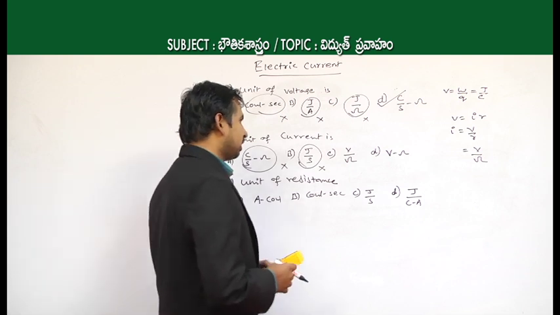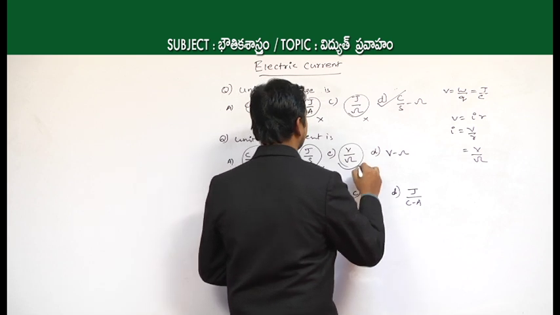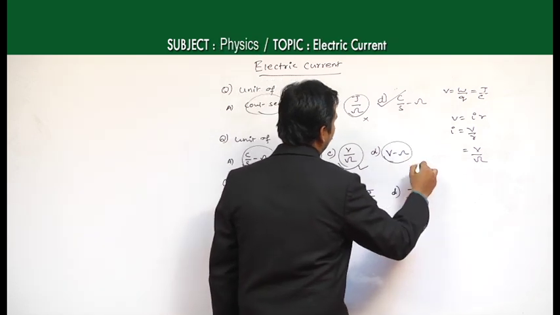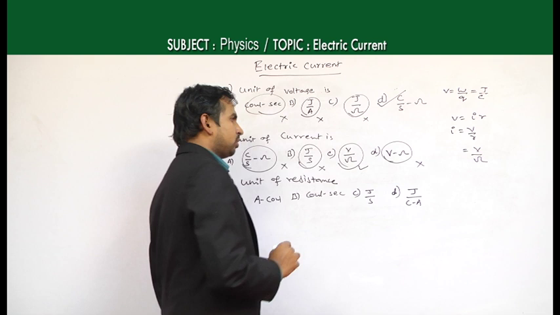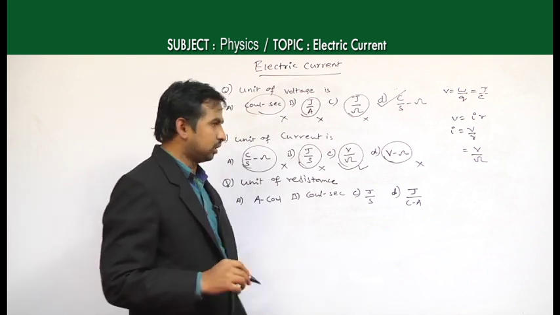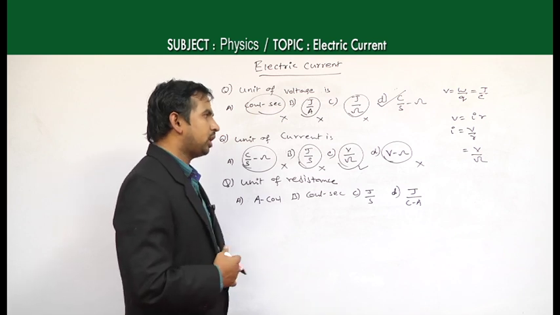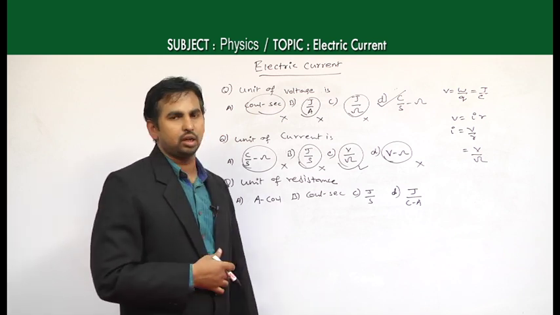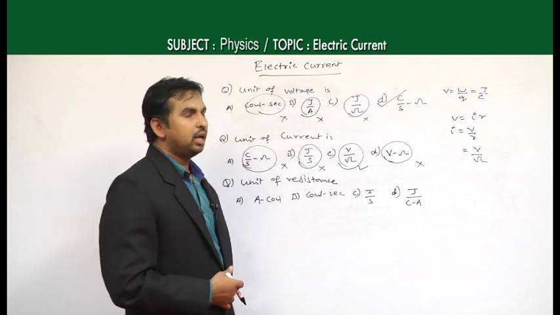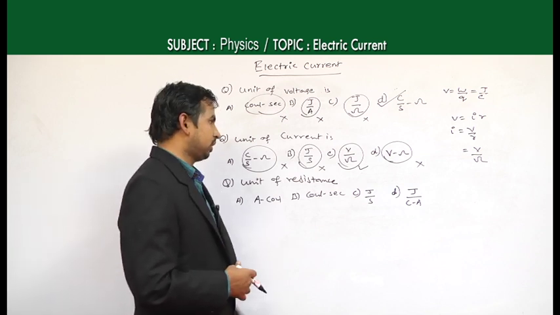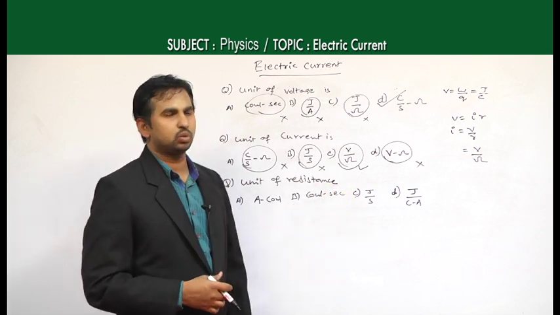That is why option C is correct, whereas volt ampere and volt ohm are wrong. Here volt per ohm is the only correct one, because from V = IR we got I = V/R, where V is the voltage and the resistance is in ohms.